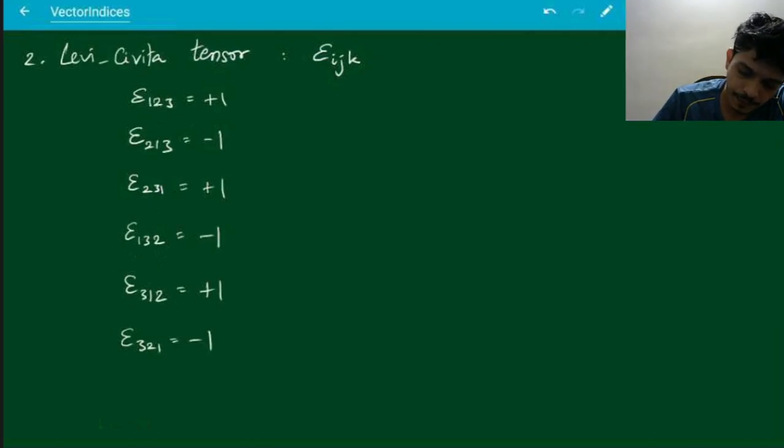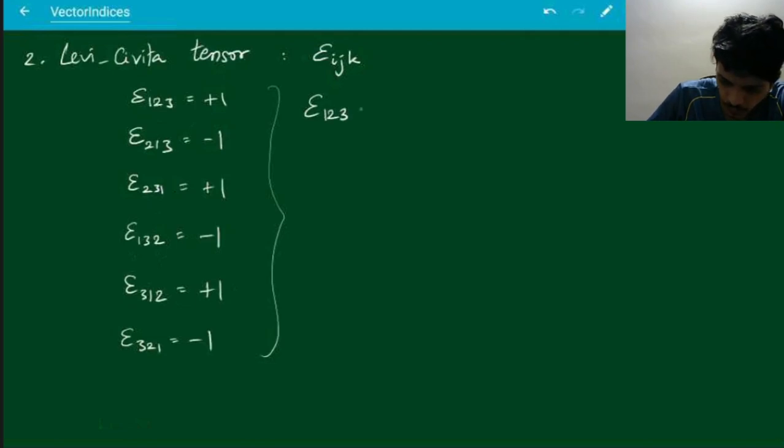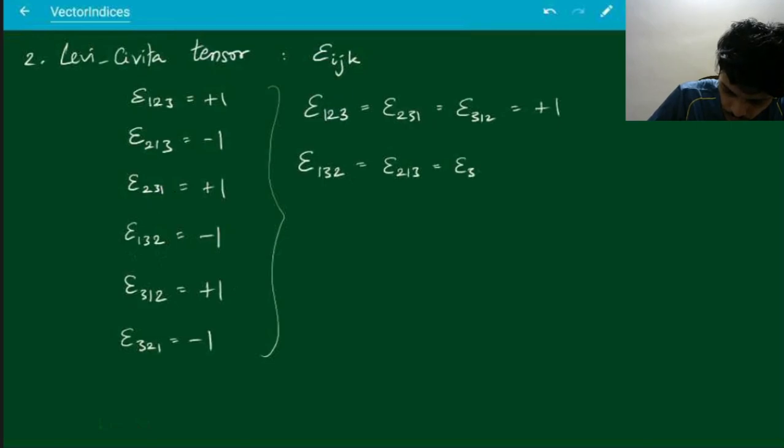One way to think about it, and this is true only when you have 3 indices, is if you take a cyclic rotation of 1, 2, 3, so 1, 2, 3, 2, 3, 1, 3, 1, 2, these are plus 1. But if I do an anti-cyclic rotation, so instead of 1, 2, 3, if I take 1, 3, 2, or 2, 1, 3, or 3, 2, 1, then this is minus 1.